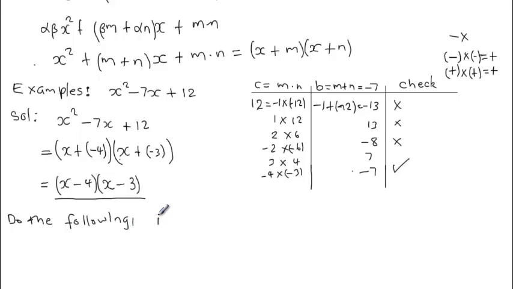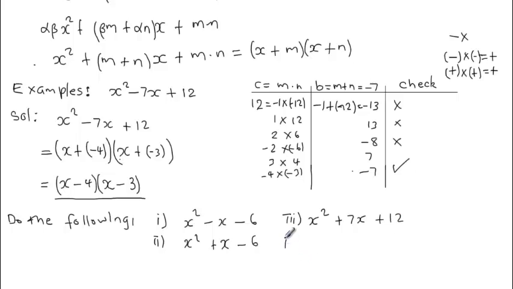So 1, we're given x squared minus x minus 6, then you have x squared plus x minus 6, then we've got x squared plus 7x plus 12, x squared plus 8x plus 15.